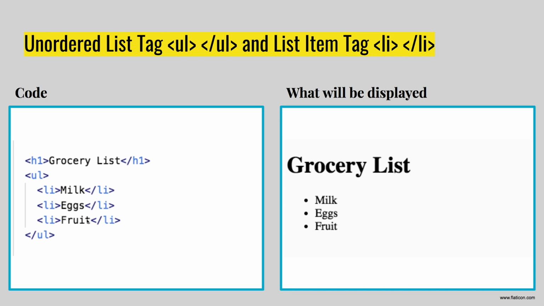What that will display is the grocery list in an H1, and then I have bullet points. So that's the difference between your ordered list. The ordered list shows an order. An unordered list, such as here, it's showing bullet points, okay? It's just like a list of your list items, just a list of things.